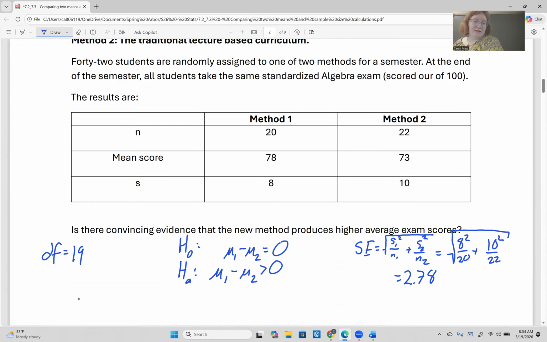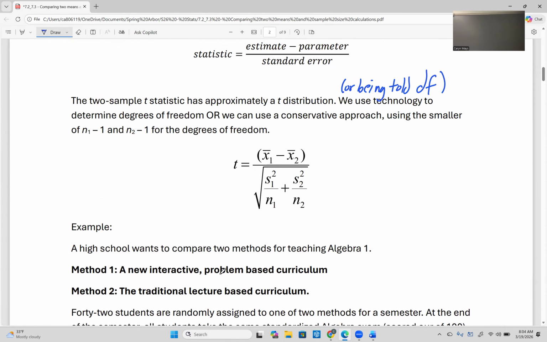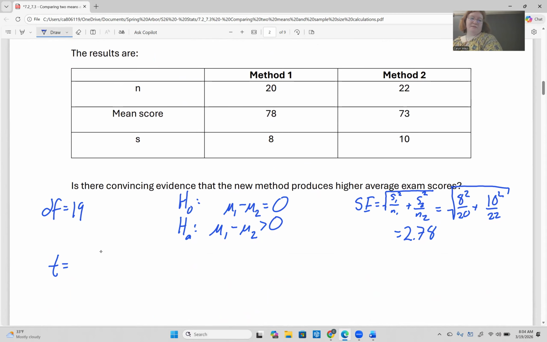So then with our t-score, in the two sample case, we're taking the difference, x1 bar minus x2 bar, over that big square root. So that's our mean scores, filled in. x1 bar minus x2 bar would be 78 minus 73, all over 2.78.